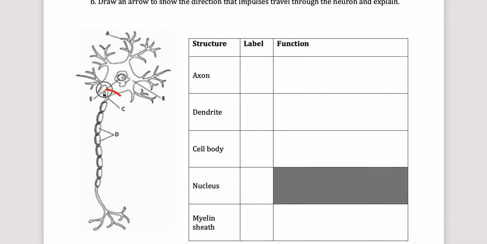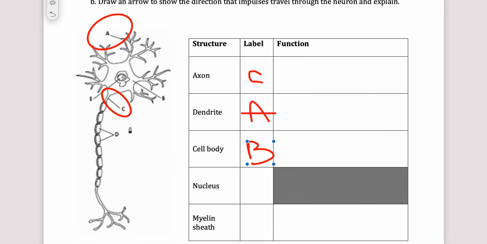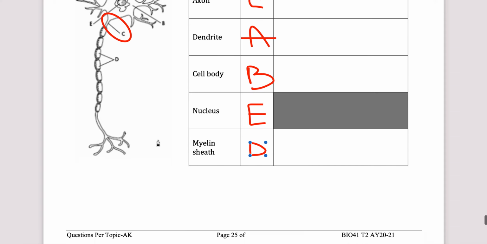Labeling axon, this one, the fiber which is leaving from it, so this is called the axon, so it means that this is C. And then we have the dendrite, the small threads, which is A. Then we have the cell body, definitely this whole, which is B. And then we have the nucleus, which is inside it, so that is E. And in the end we have the myelin sheath, that is D. So that's the labeling of the neuron.